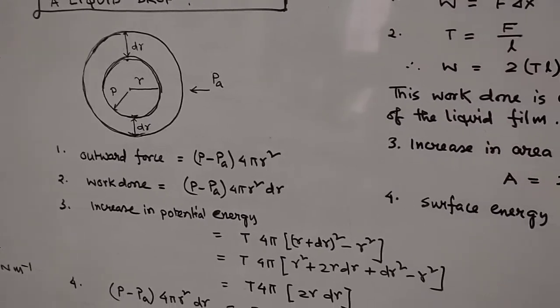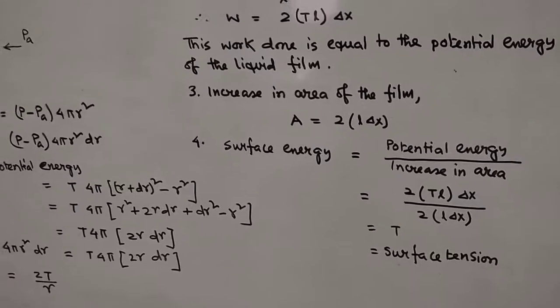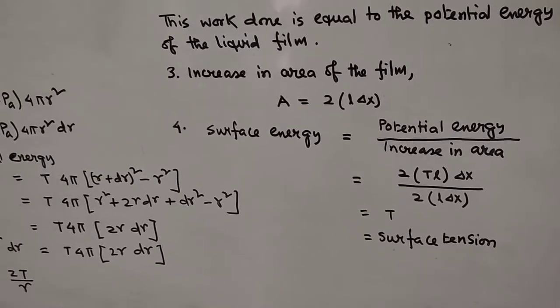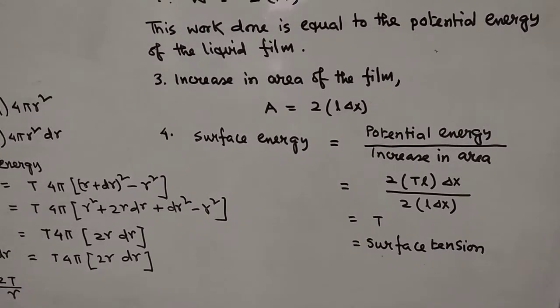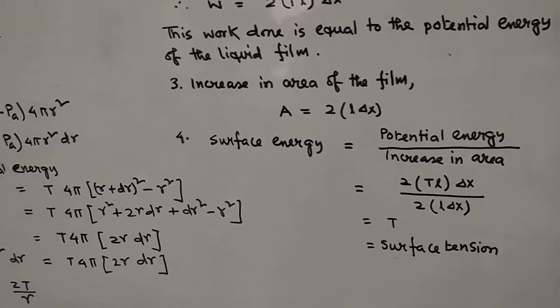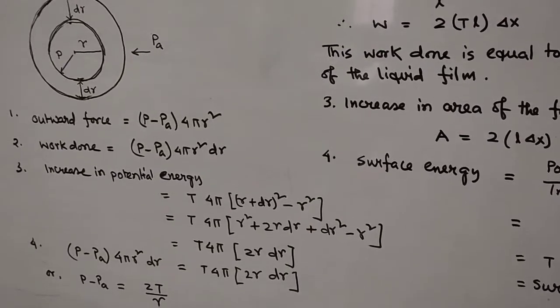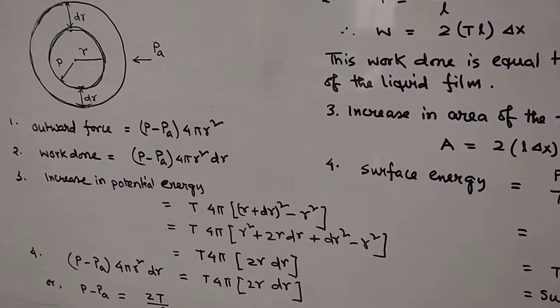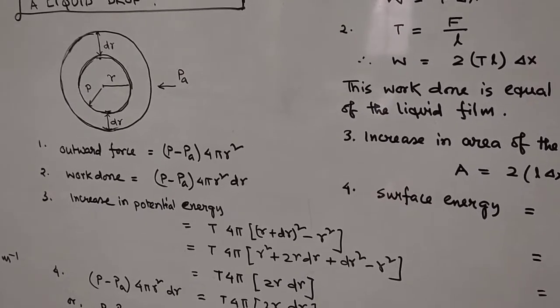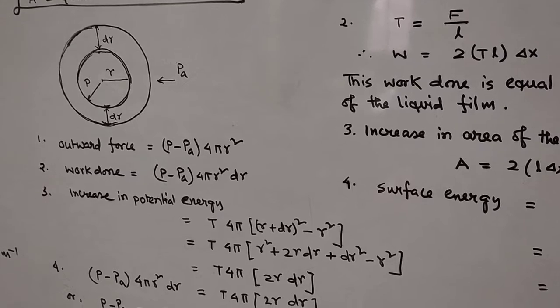For the increase in potential energy, we have to use this parameter: surface energy into increase in area, and surface energy is nothing but the surface tension. So the increase in potential energy is tension T into the increase in area, which is 4 pi times (r plus dr) whole square minus r square, as you have taken 4 pi outside the bracket.